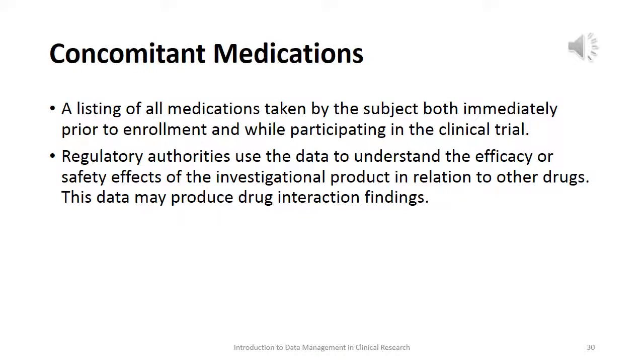Regulatory authorities are going to use this data to understand the efficacy or safety effects of the investigational product in relation to other drugs. So this data may produce drug interaction findings. So it's very important that we collect all of this information during the course of the trial, and that the site is consistent in how they record this information.